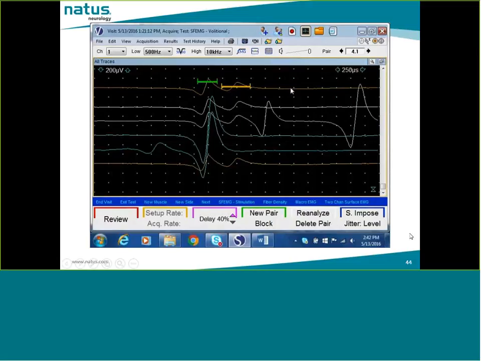This recording contains discharges from several different motor units. I am interested in analysis of jitter from this action potential pair seen on the white traces. We can also see background EMG activity of higher amplitude that came from other motor units, as seen on the blue trace.